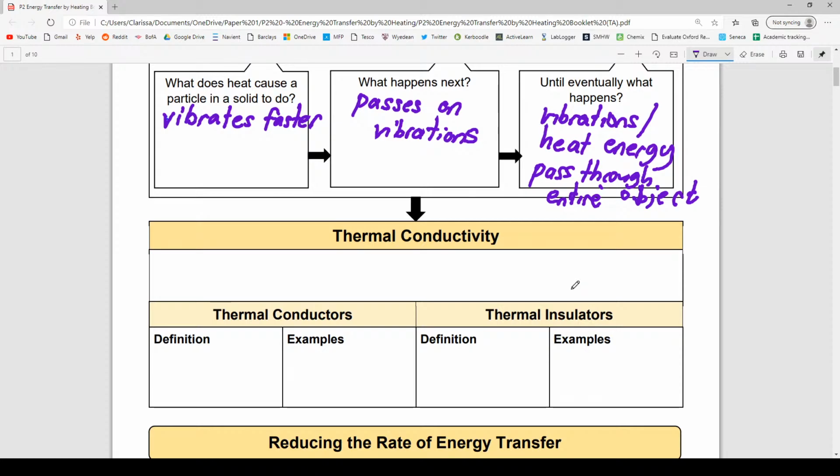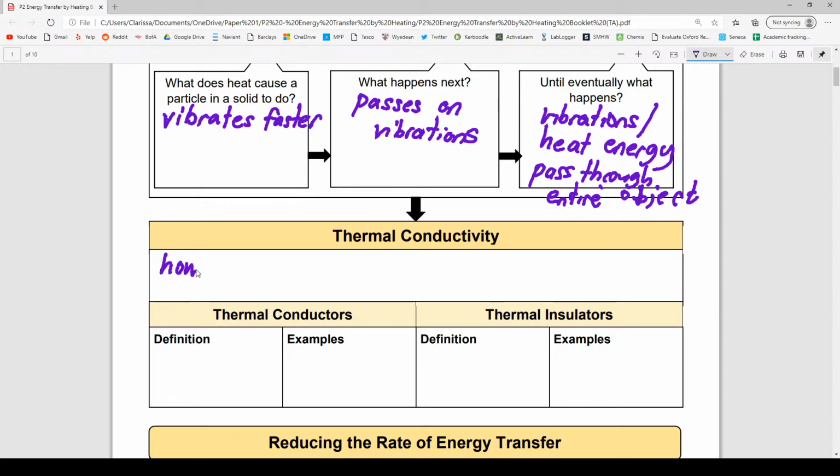Now, we're going to move on to this key phrase that sounds quite complicated, but if you break it down, it is quite simple. And this phrase is thermal conductivity. Okay, thermal conductivity. Basically, you can think of thermal conductivity as how good an object is at performing conduction.